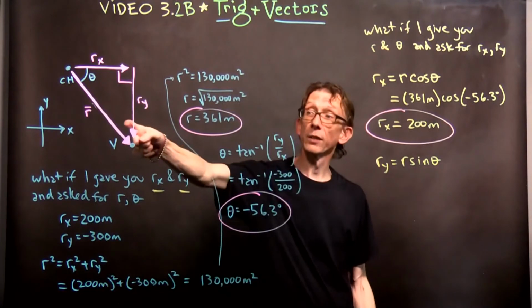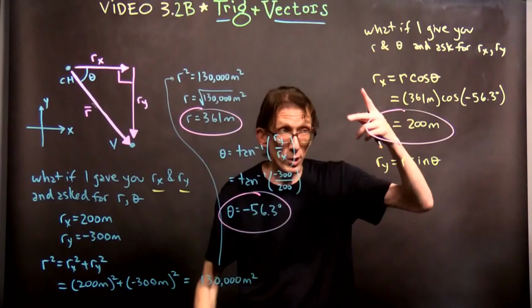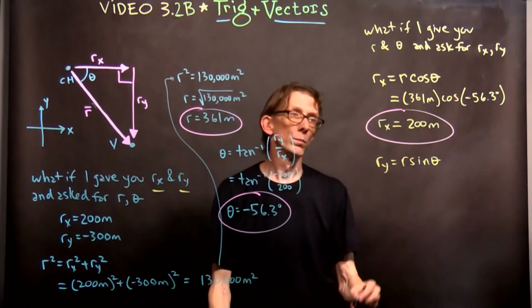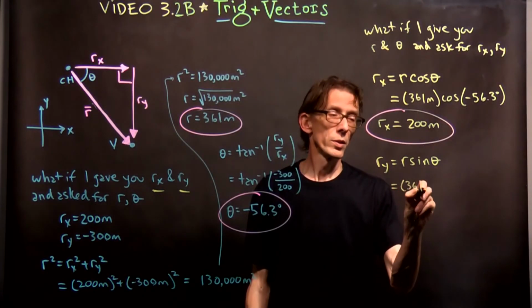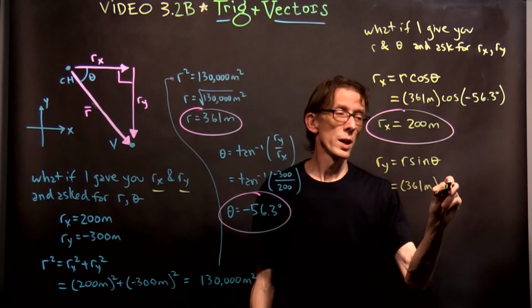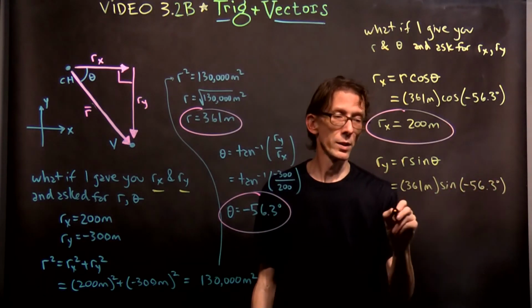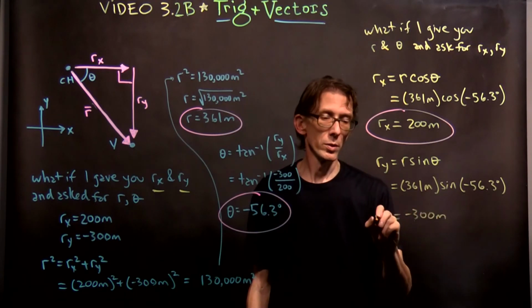If we had picked this angle instead, those would be switched. X would be sine and y would be cosine. So this is going to be 361 meters times sine of negative 56.3 degrees, and that does in fact come out to be negative 300 meters.